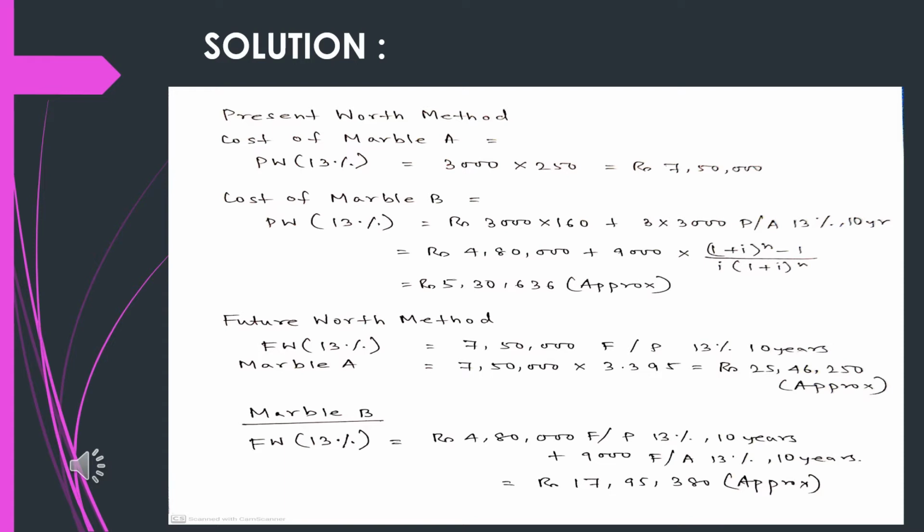If we calculate this in future worth, the 7,50,000 for marble A transferred from present to future gives a value of around 25,46,000 approximately. Whereas for marble B, the 4,80,000 of laying charges and material cost, transferred from present to future, plus the annual polishing charges of 9,000, transferred from annual to future, when added up give approximately 17,95,000.